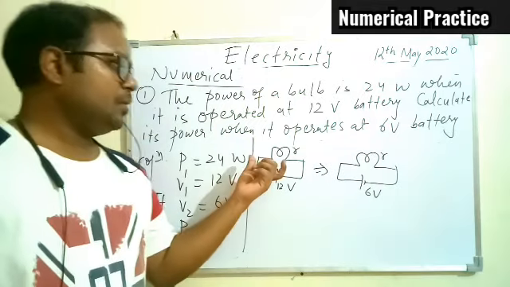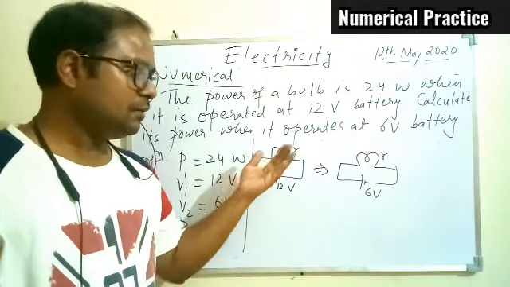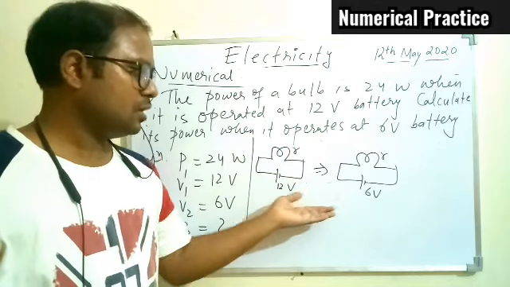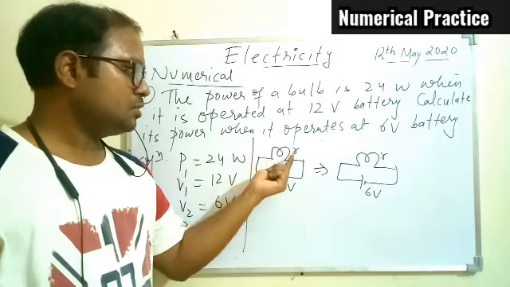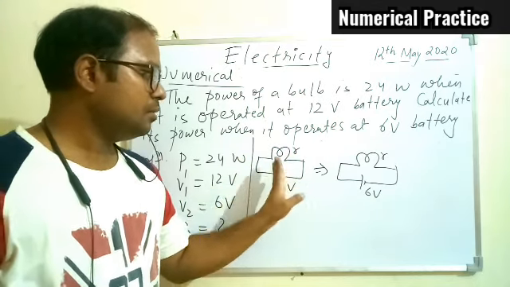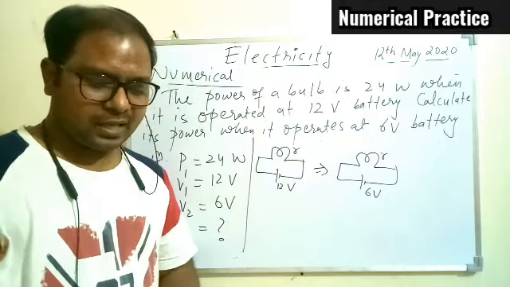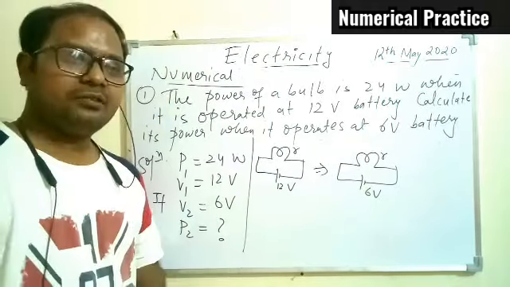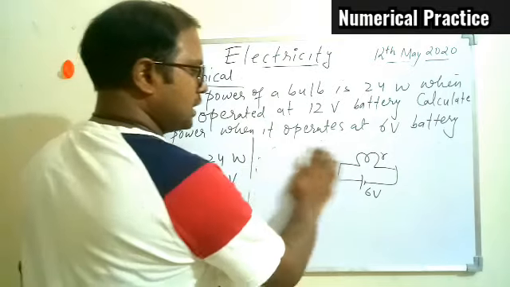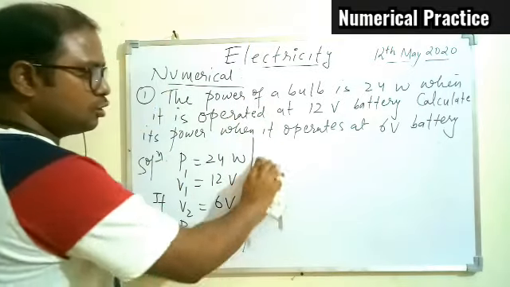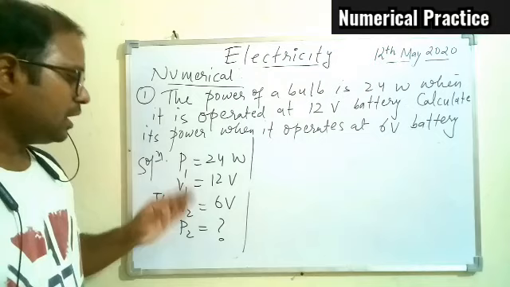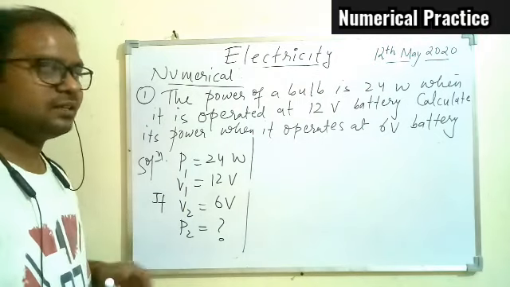Because the filament of the bulb has a resistance that will not change with the change in the circuit or the power supply. So that is to be taken care of. The internal resistance of the bulb remains the same in both cases, and that is to be calculated very first. So we will first calculate the internal resistance of the bulb, and apply the same resistance in the second case, and we will get the answer.